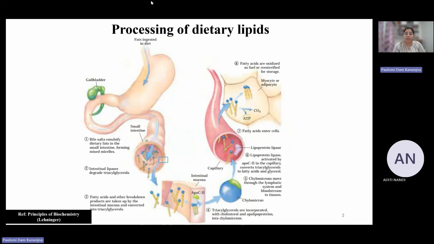While the acetyl coenzyme A, which is produced by the oxidation of fatty acids, as we have already discussed, is completely oxidized to carbon dioxide in the citric acid cycle. So we have oxidized carbon dioxide and we have ATP synthesis, which is a result of oxidation of long chain fatty acids. Now, the oxidation of fatty acids is called beta oxidation, and it has four central processes. We'll see why beta oxidation as well, right?